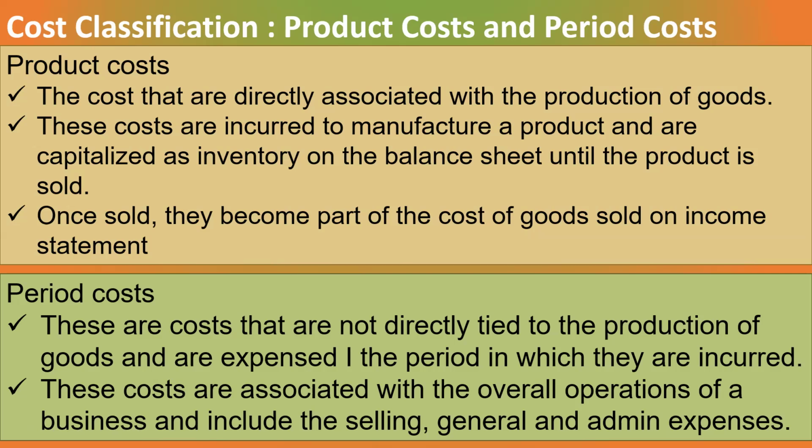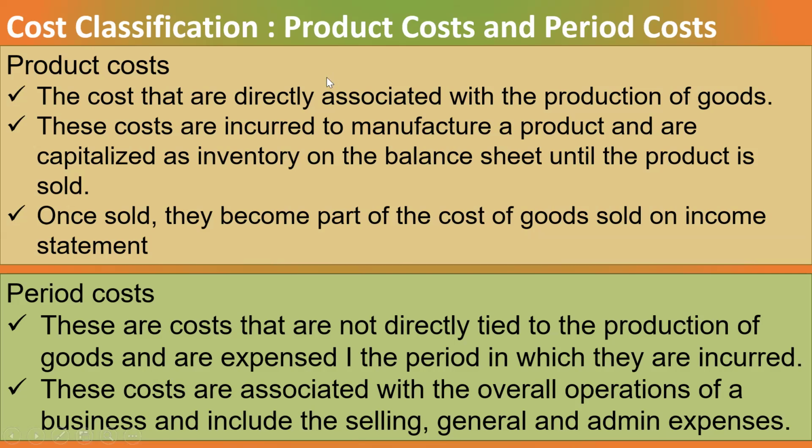So, in simple words, we can say that product cost is associated with production, whereas period cost is not associated with production. We have examples of direct material, direct labor, and factory overhead or manufacturing overhead as product costs. Whereas in period cost, as we just discussed, we have selling expenses, general expenses, or administrative expenses.